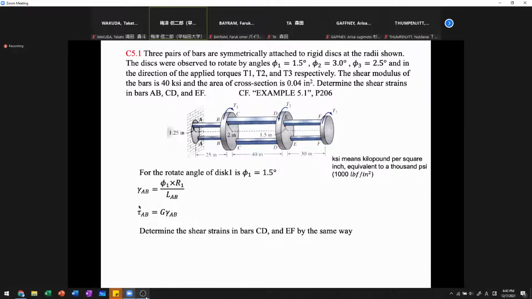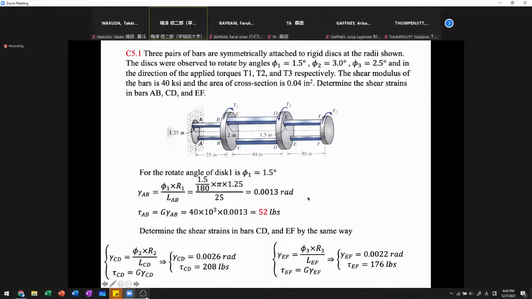So the same equation will be applied for CD and EF. We got the value of tau AB like this. Okay. From G and gamma, you can get tau AB as 52 pounds.